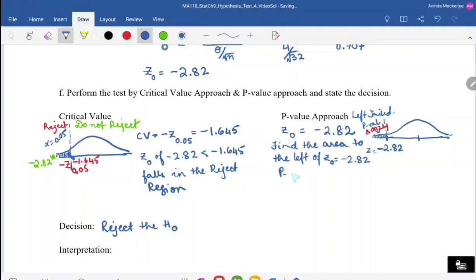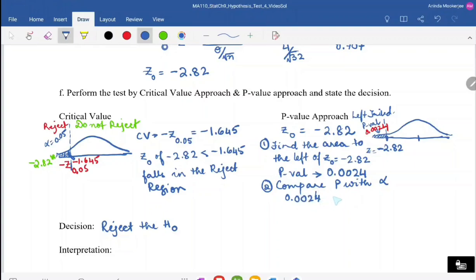So the first step was to find the area corresponding to the test statistic value. And then the second part of the p-value approach is to compare p with alpha.